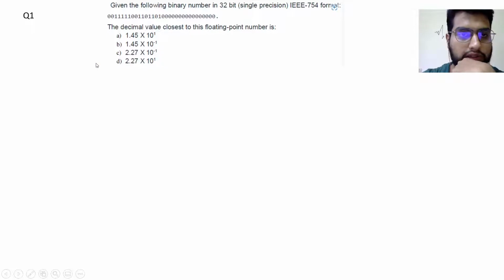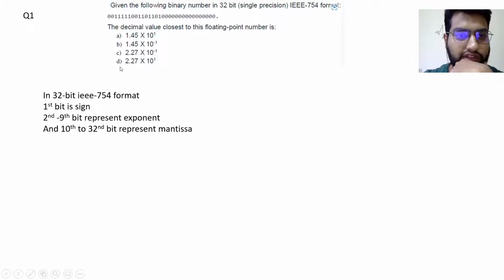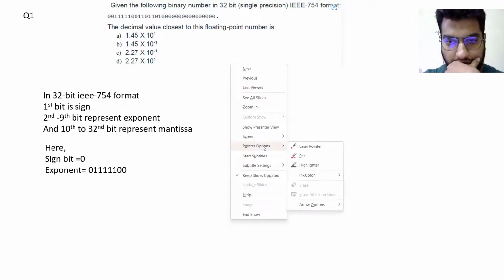So what we will do is, we know that the first bit in IEEE 754 format in a 32-bit single precision refers to the sign, and from the second to the ninth bit, that's 8 bits total, represents the exponent, and finally the remaining bits, from the 10th to the 32nd bit, represent the mantissa. So here we have this. Let me just point out the options.